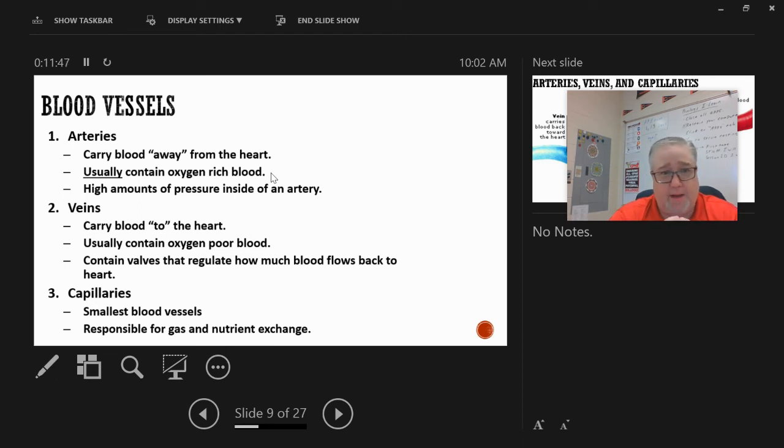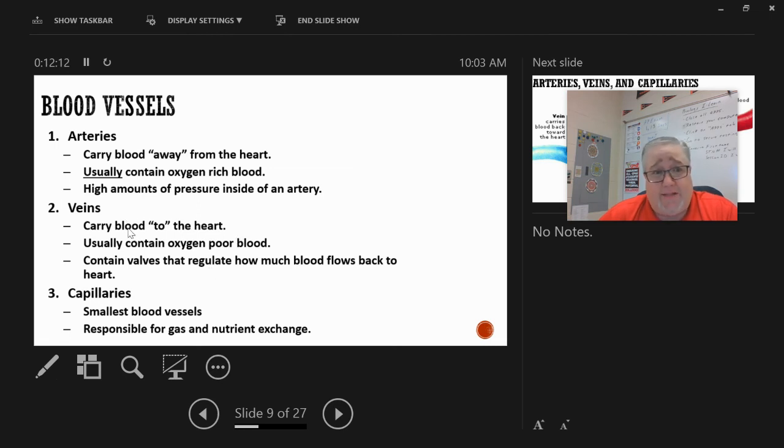But for the most part, that blood is oxygen rich, so it has a high oxygen content. Typically, inside of an artery, there's high amounts of pressure. We'll talk about blood pressure down the road as well, but the pressure inside of an artery is typically much greater than the blood pressure inside of the other two blood vessels.